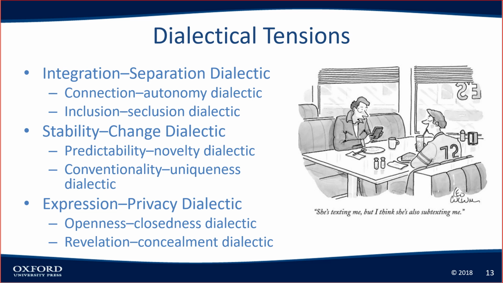Predictability is the tension within a relationship where you want to predict what your partner is going to do, but you don't want to be bored either. So I think it's important to keep that balance.